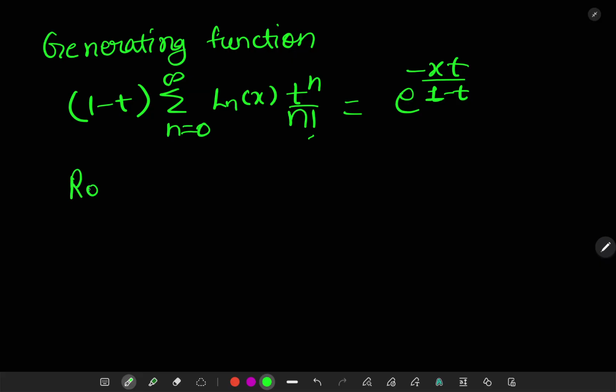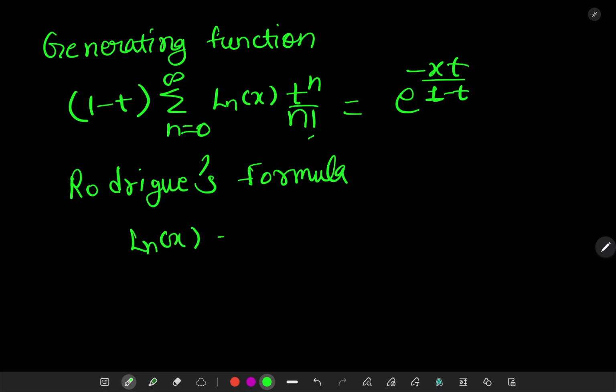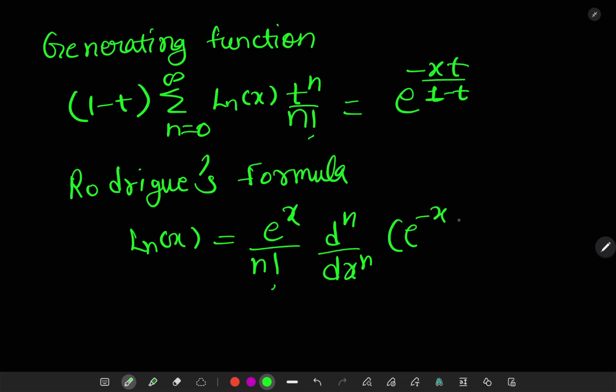Now the Rodrigues formula of Laguerre polynomial: Ln x is equal to e raised to power x divided by factorial n, n-th differentiation of e raised to power minus x times x raised to power n.